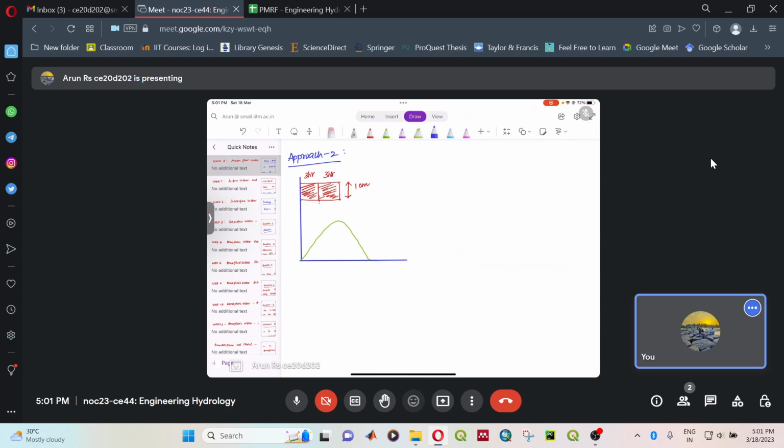and for the next 3 hours, this unit hydrograph will be lagged by 3 hours. So I'm using a term called lagging the hydrograph. So this is lagged by 3 hours, and this is the time axis, and this is the discharge axis.